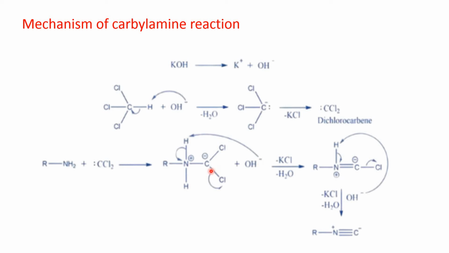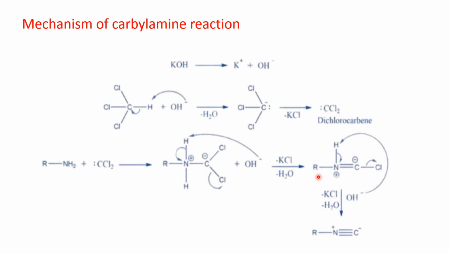Then from here, chloride is removed, and as this chloride is removed, this negative charge is neutralized, and then this lone pair of electrons will form a double bond between nitrogen and carbon.